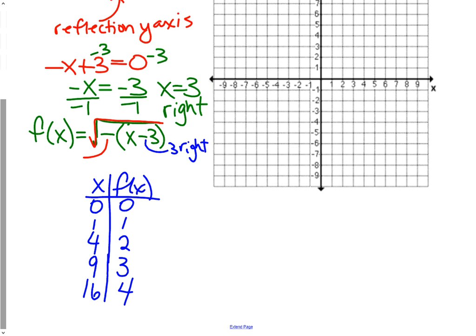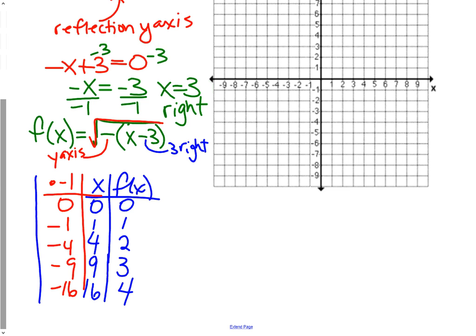This negative means that we multiply all our x values by negative 1 because that's a reflection in the y-axis, which gives me 0, negative 1, negative 4, negative 9, negative 16. Then that x minus 3 means 3 to the right. So let's add 3 to all of those, which gives me 3, 2, negative 1, negative 6, and negative 13.